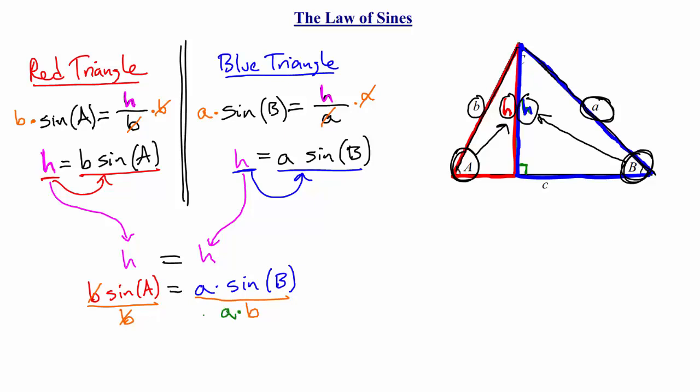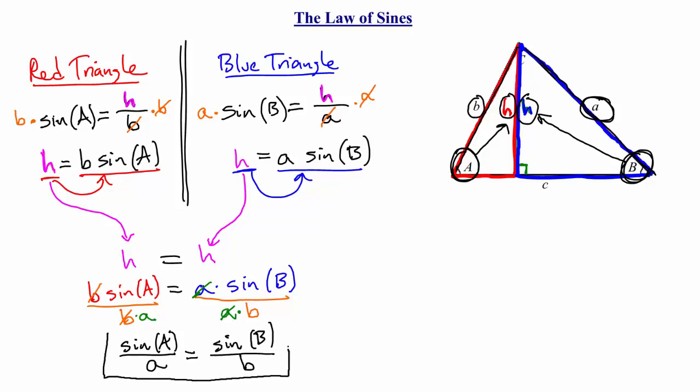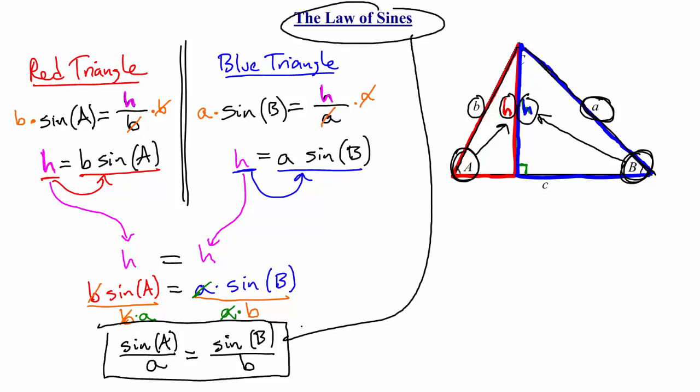So if I divide both sides by a, I can cancel it on the left and end up with the equation sine of A over A equals sine of B over B. And this is what's known as the law of sines.